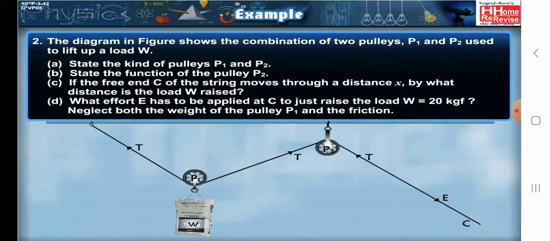C. If the free end C of the string moves through a distance x, by what distance is the load W raised? D. What effort E has to be applied at C to just raise the load W equal to 20 kgf? Neglect both the weight of the pulley P1 and the friction.